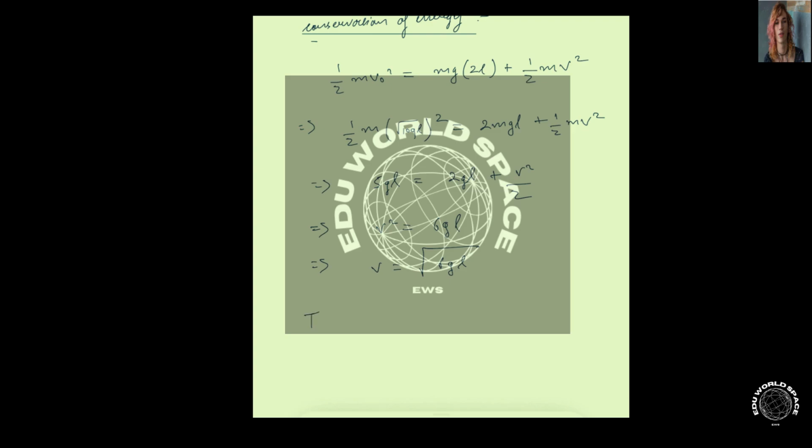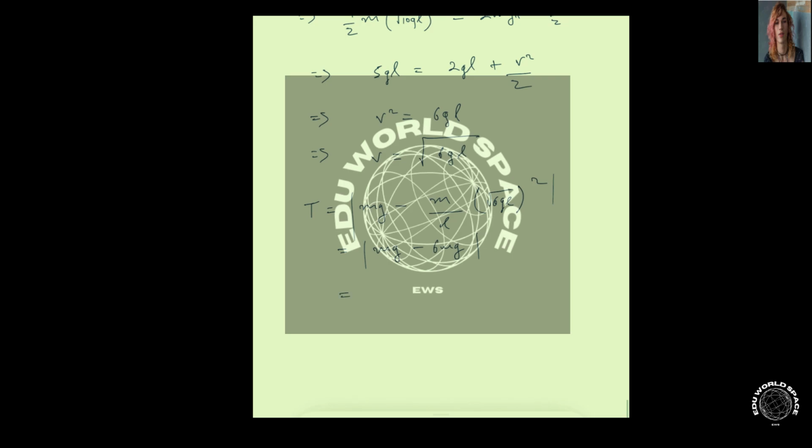Therefore the tension will be mg minus m by L, as r is equal to L, into under root of 6gL whole squared, which is equal to mg minus 6mg, which implies T is equal to 5mg.